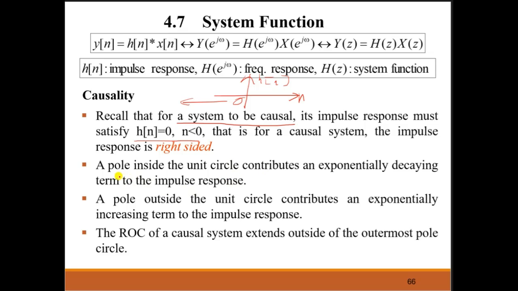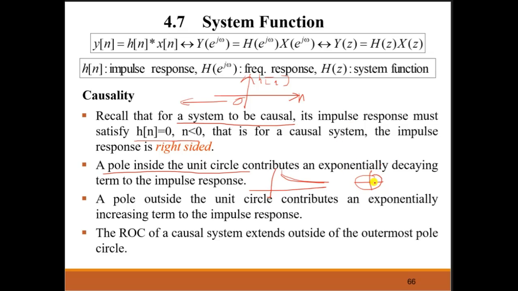So a pole inside the unit circle contributes to an exponentially decaying term. Okay, so this impulse response dia akan jadi ke bawah, exponentially decay. A pole outside the unit circle, so let's draw this one.